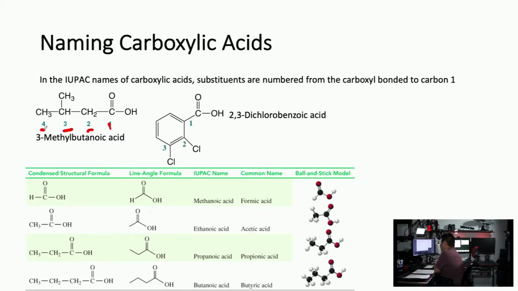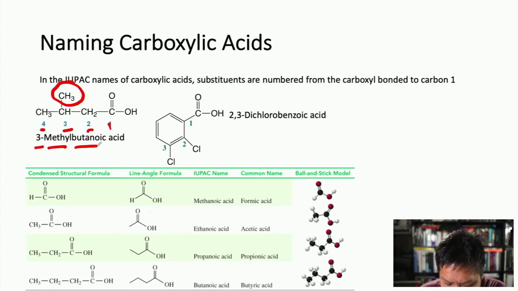So that's 4 carbons right there. And it's the third carbon that has a methyl group attached to it. So we call that 3-methylbutanoic acid, right? 3 because it's on the third carbon. Methyl because there's only a methyl there on that third carbon. Butanoic acid because it has 4 carbons, which is derived from butane, right?